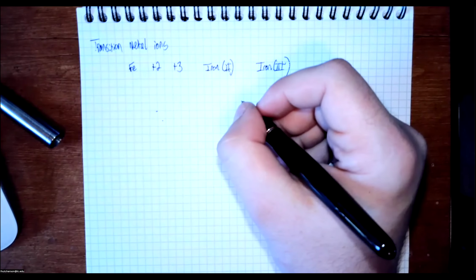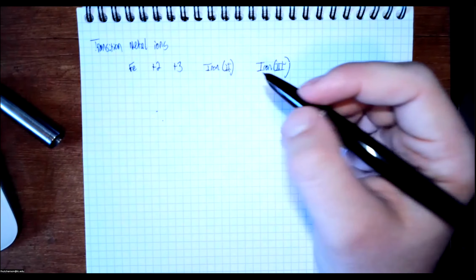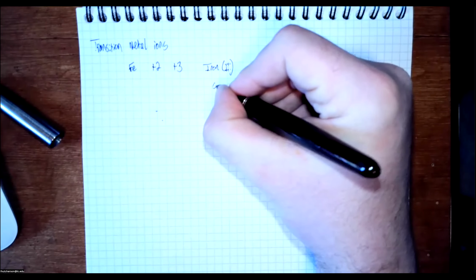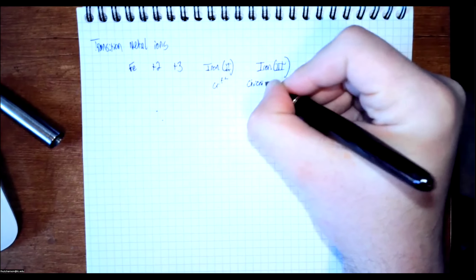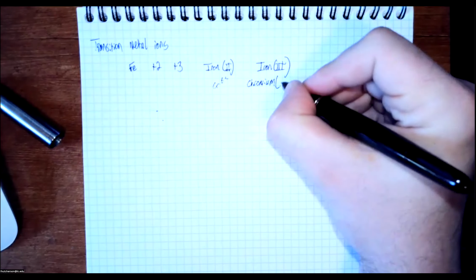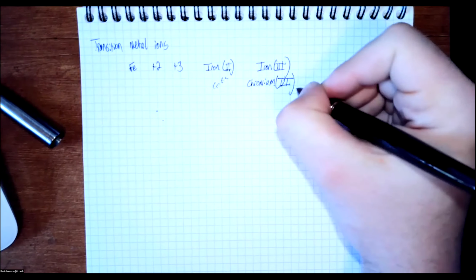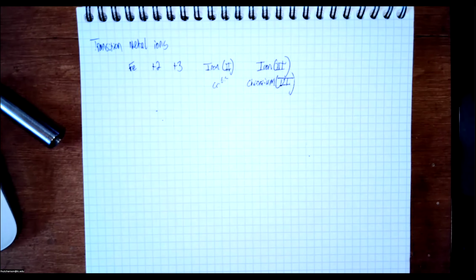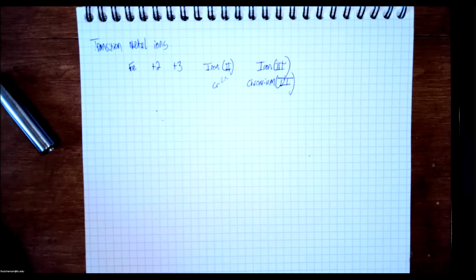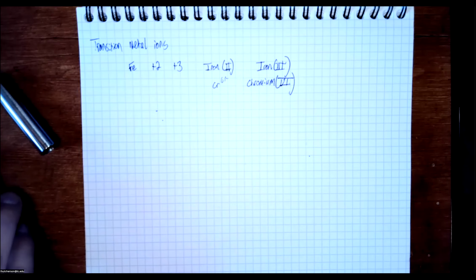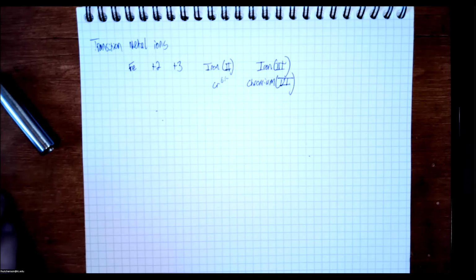Works the same way with chromium +6, chromium 6. All right. So that's our transition metal ions. That sets us up to talk about section 3.3, which is on forming ionic compounds.